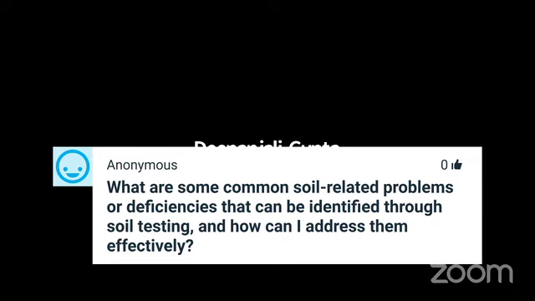Any deficiencies your soil is having can be identified through soil testing. Soil testing is actually a method to know the deficiency status of the soil. We can predict only the available amount of nutrients present in our soil.